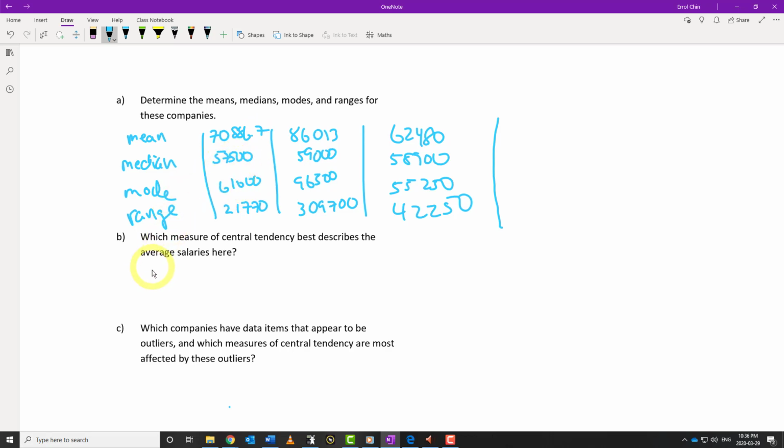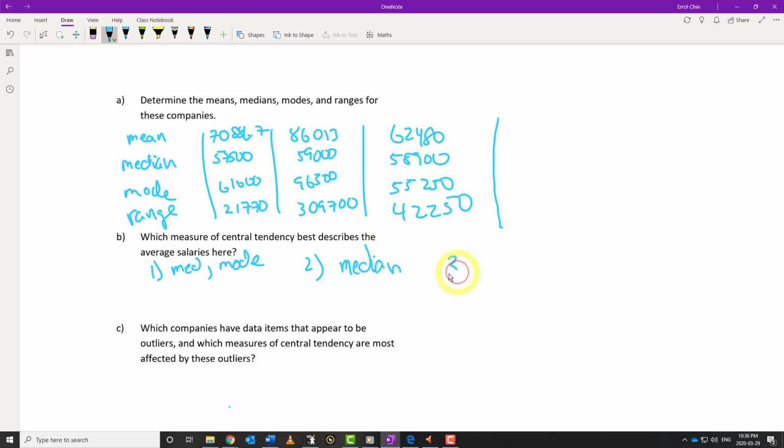So company number one, the average salaries could probably be best described by median and mode. Okay. Now company number two, the people on the high end are not super duper high. So company number two probably can be best described by the median value.